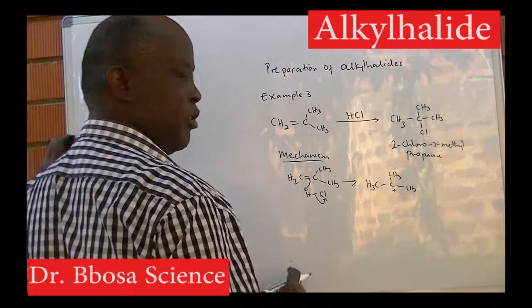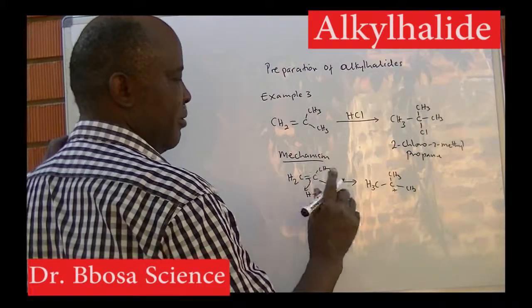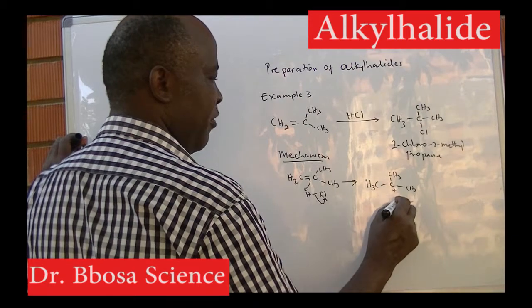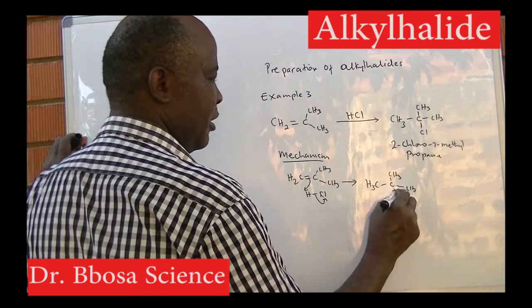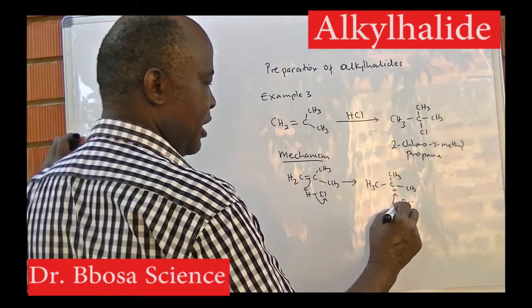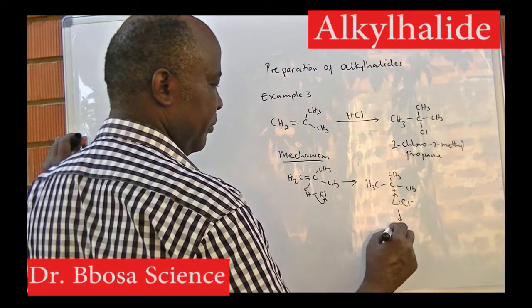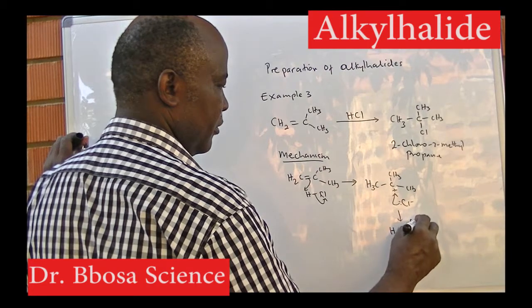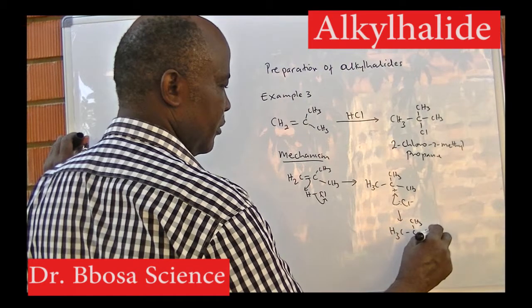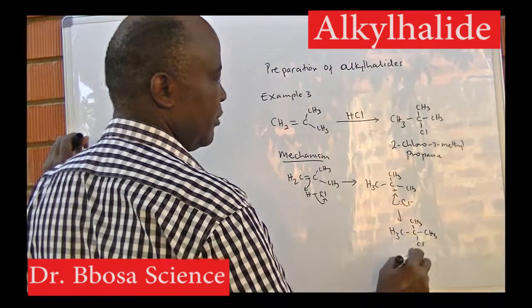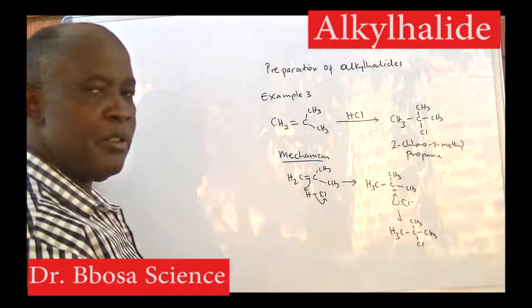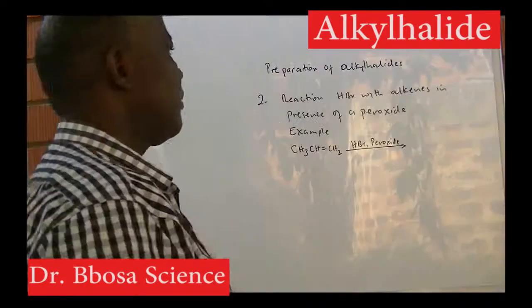A positive charge goes to the carbon atom with the least number of hydrogen atoms. The chloride ion uses a pair of electrons to react with the positive charge to get 2-chloro-2-methylpropane.